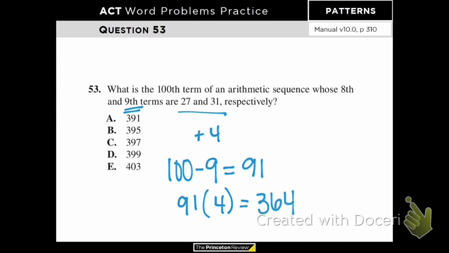So that's what I'm increasing by, but I have to look at the last number they gave me, which was a 31. So I actually have to take that 31 and add on the 364, which will give me the 100th term, which is 395.